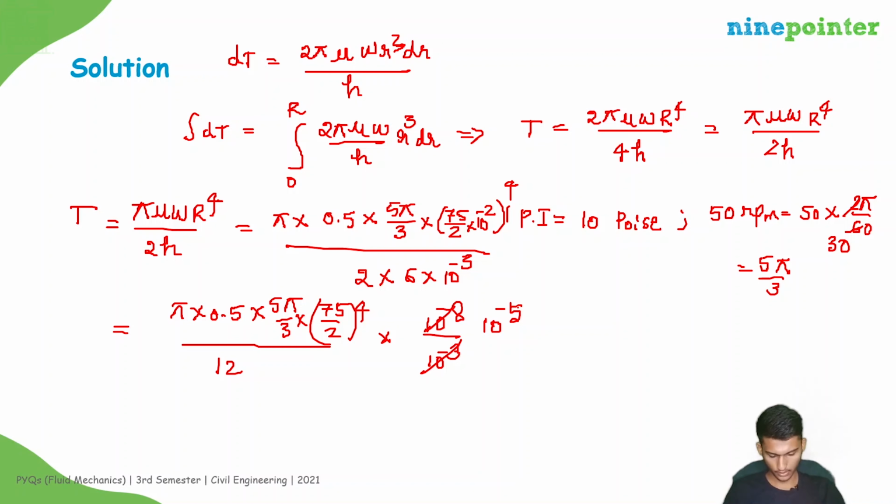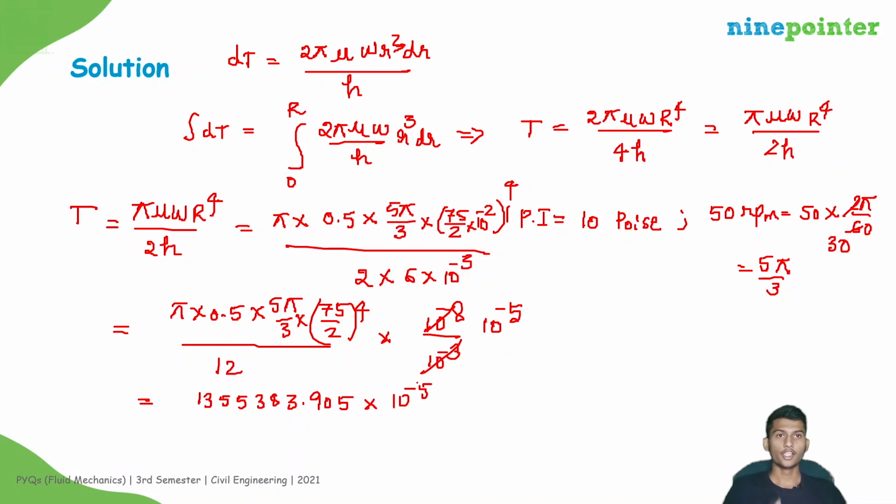So 5 into 0.5 into 5 into 5 into 75 into 75 into 75 into 75, this value divided by 3, divided by 2 power 4. 2 power 4 is 16, and divided by 12. So we got this value as 13,55383.905 into 10 power minus 5.